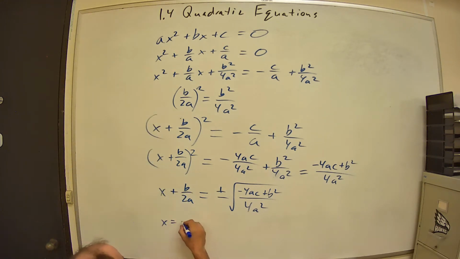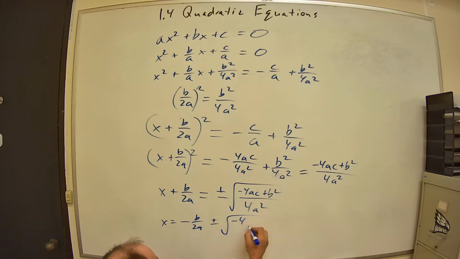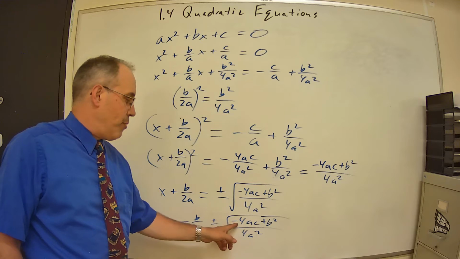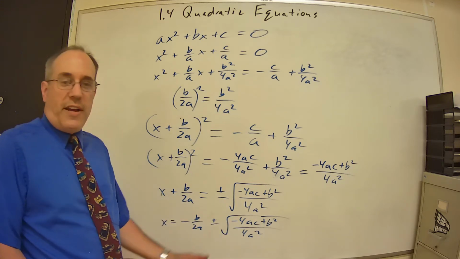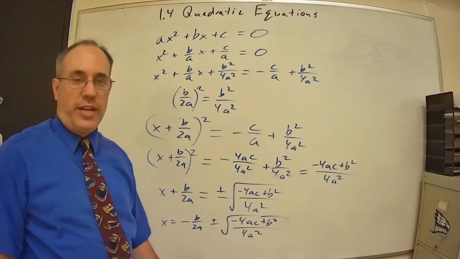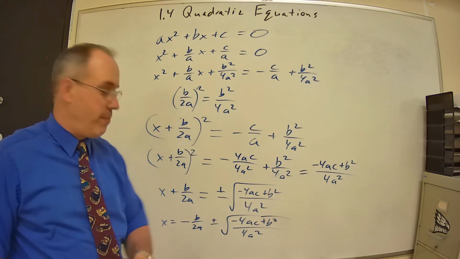X is equal to negative b over 2a plus or minus the square root of negative 4ac plus b squared over 4a squared. Now I notice here, first of all, I've got a minus and a plus. So if I change the order of those two, I'll have a plus followed by a minus, so I can have a positive value minus something.